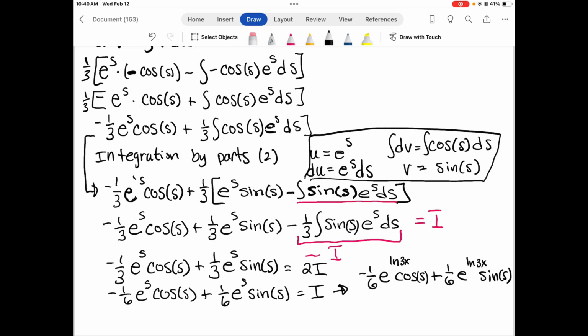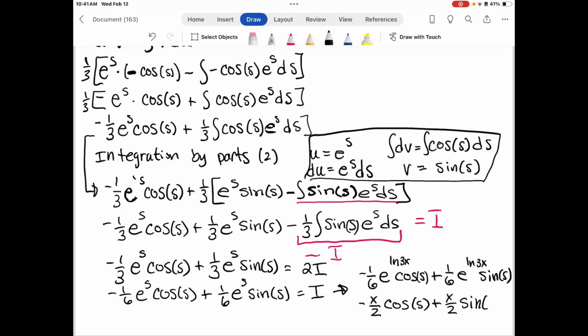And so when I take negative 1/6 times 3x, the 3 and the 6 reduce to 1/2, and I'm going to be left with negative x over 2 cosine of s, plus the same thing over here: e to the natural log of 3x simplifies to 3x, and 3x over 6 is going to be x over 2 sine of, whoops, look what I did.